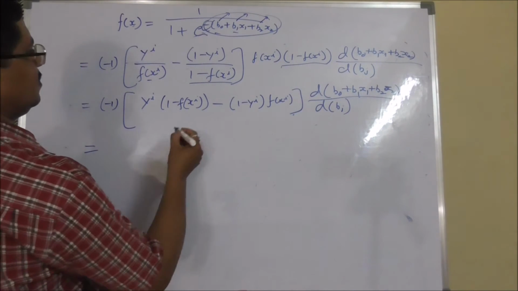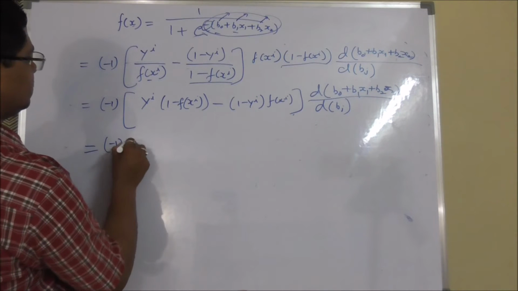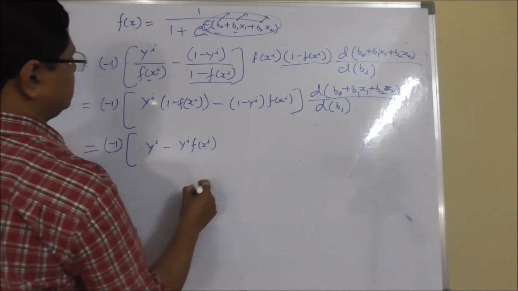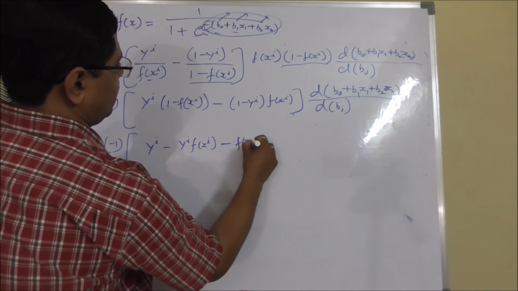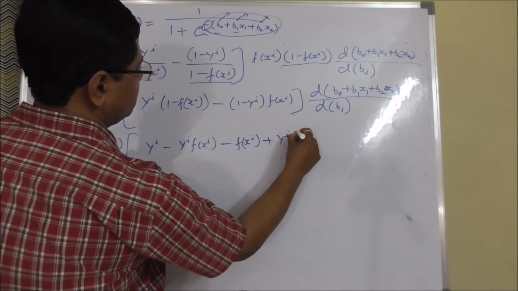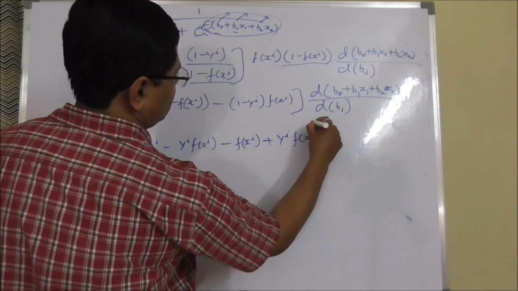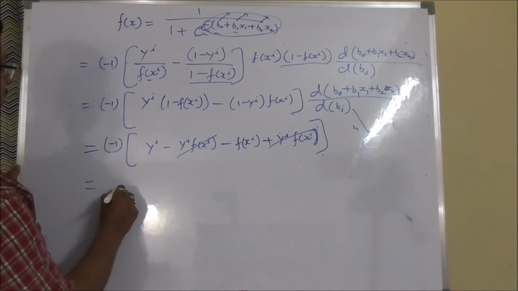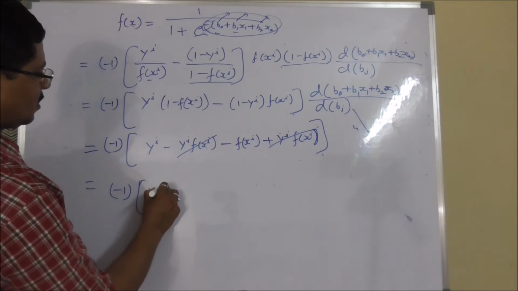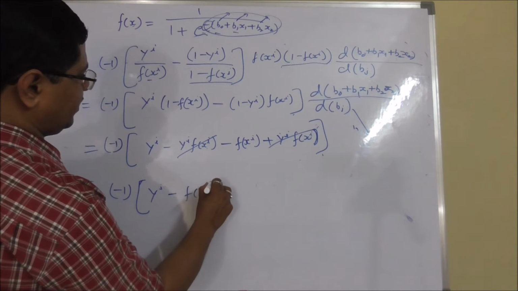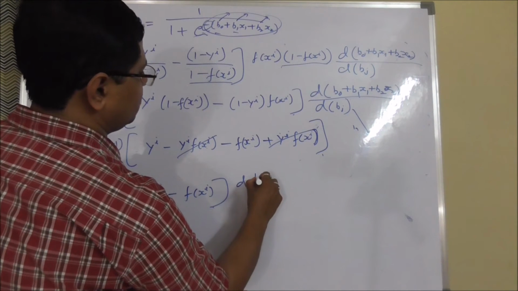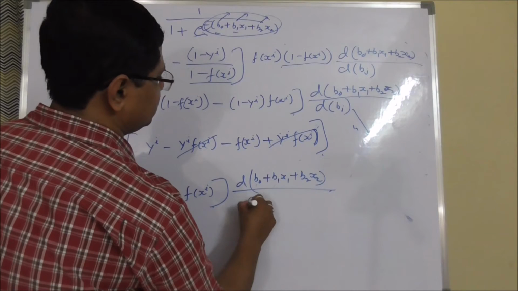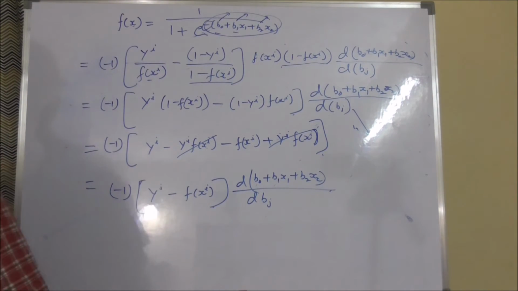So after simplifying, this part will be equal to yi minus yi f(xi) plus yi f(xi), and this part will go here, so this will cancel, so our equation will be minus 1 times (yi minus f(xi)) times the derivative of b0 plus b1 x1 plus b2 x2 with respect to bj. Now the equation is solved.